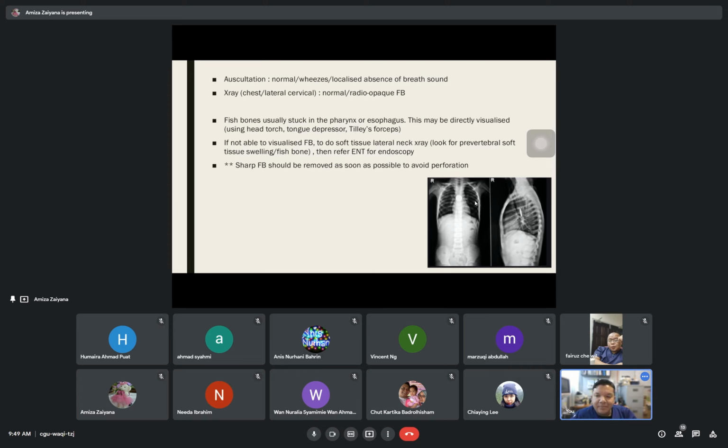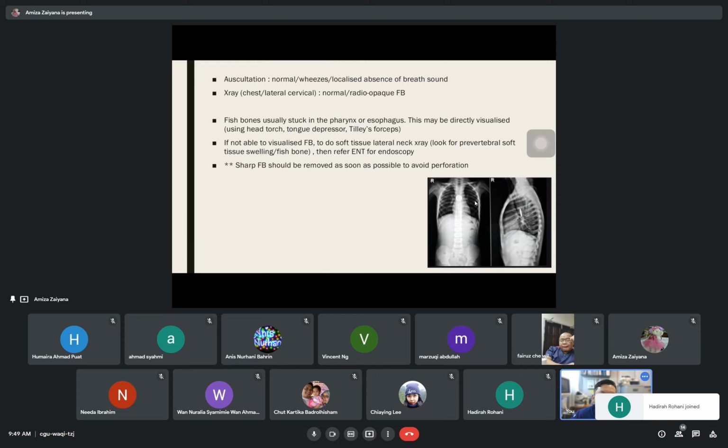If you can't see it, then we just refer to ENT. They will usually see the patient the next day. If you swallow a fish bone and it gets stuck somewhere in your throat, most of the time it will dissolve on its own. After a few days it will be gone.